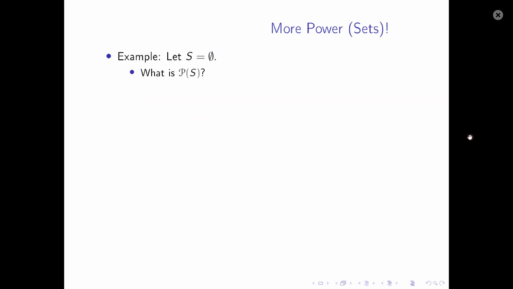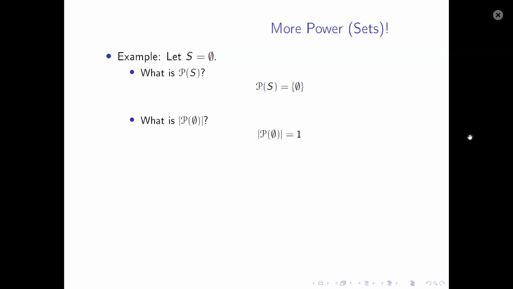All right, so let's consider the power set. S is the empty set. What's the power set of the empty set? It's just the set containing the empty set. It's super boring. The reason being because the only subset is itself. Now what's the cardinality of that? It is 1.